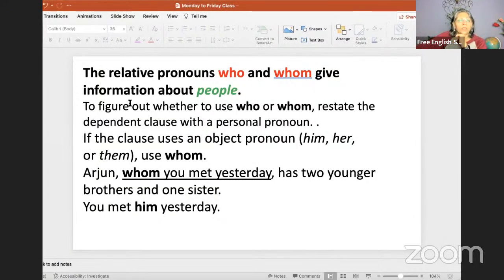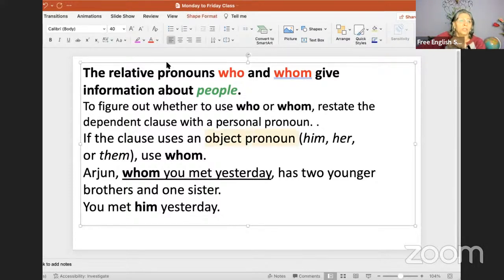So now this one, this information is saying Arjun, whom, sorry. To figure out whether to use who or whom, restate the dependent clause with a personal pronoun. And in this one, if the clause uses an object pronoun, now this is very important.